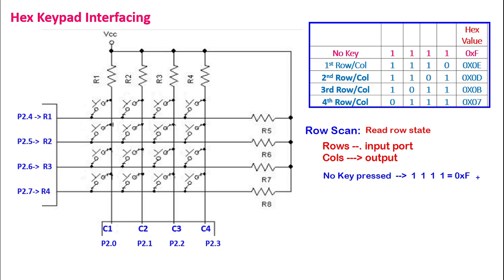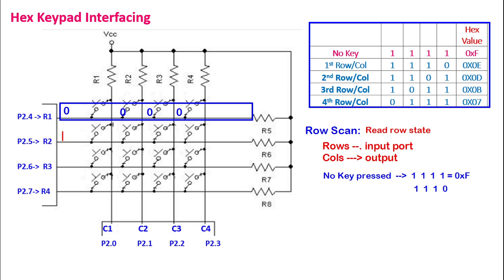Similar to that, let us assume the key is pressed in the first row. Whenever a key is pressed in the first row, that particular row will go to 0. The complete first row will become 0 0 0 0. Here also it will become 0, here also 0, and here also 0.